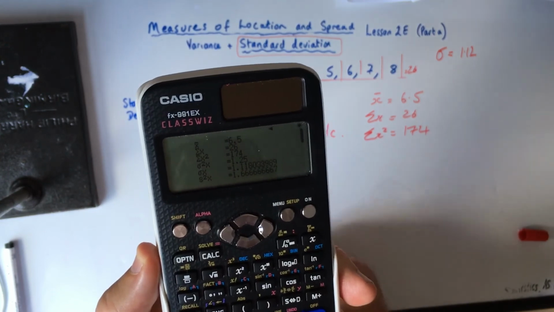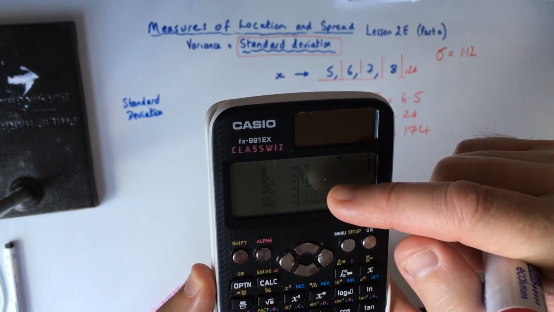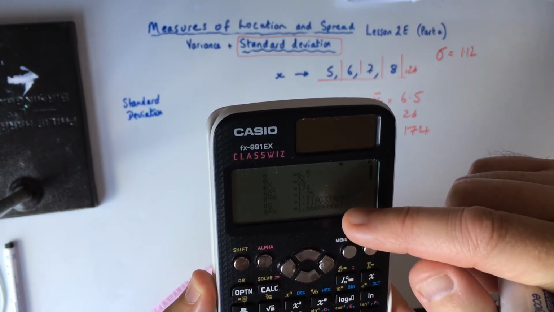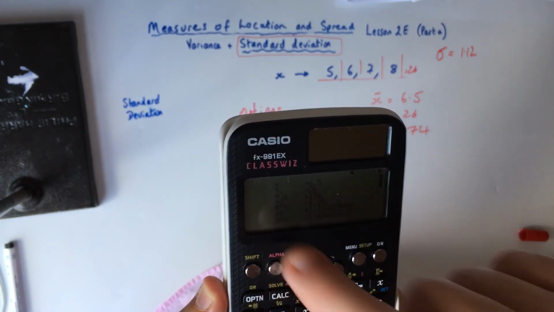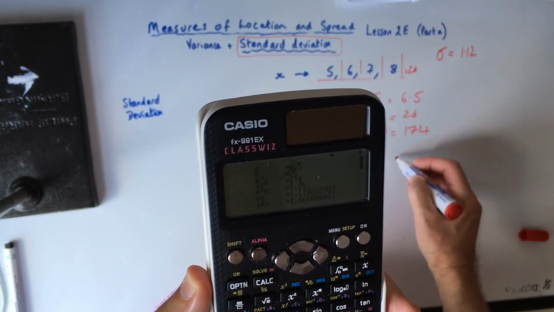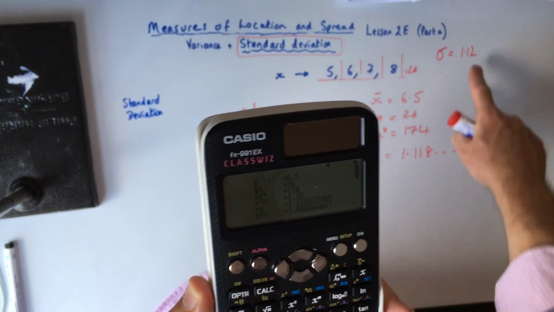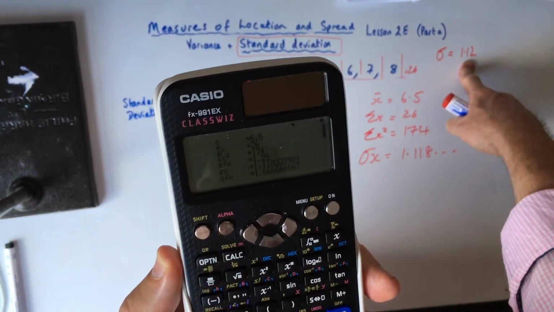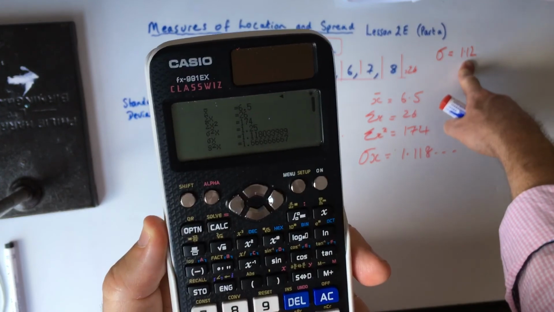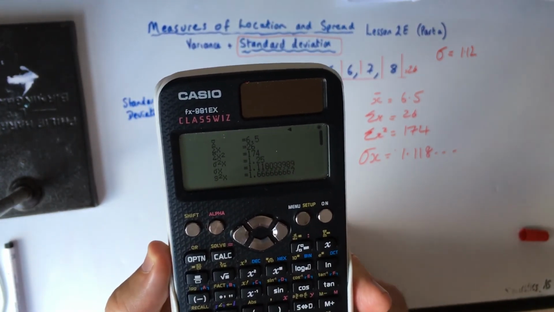You remember I worked that out, didn't I? The variance is 1.25, and you've got that little sigma x there is equal to 1.118 and so on, and that's what I rounded off to 1.12. So you can see it works.